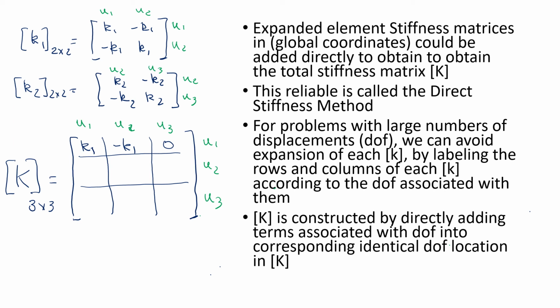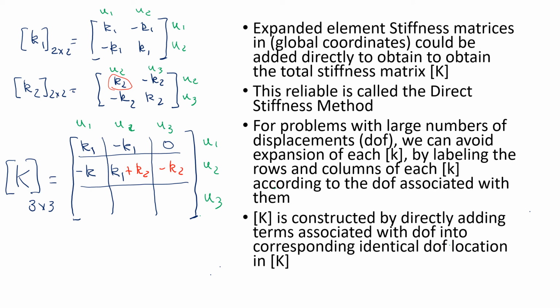Column 1, I have a minus K1. For column 2, I have a K1, and then I have a plus K2 that is coming from here. For row 2, column 3, we're going to have this minus K2.